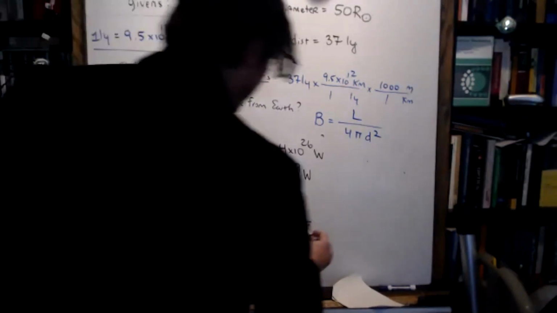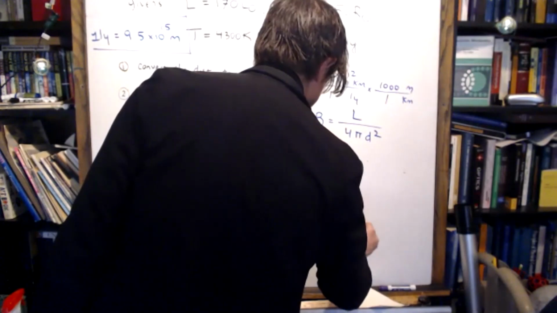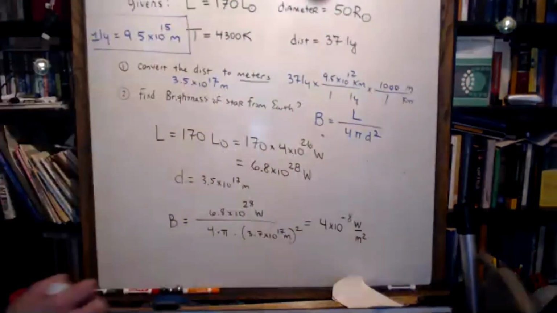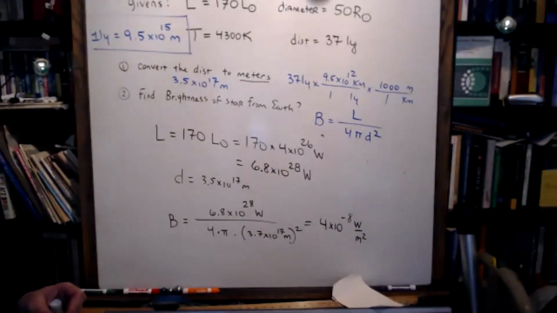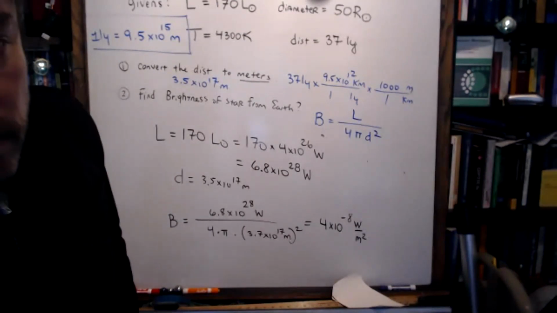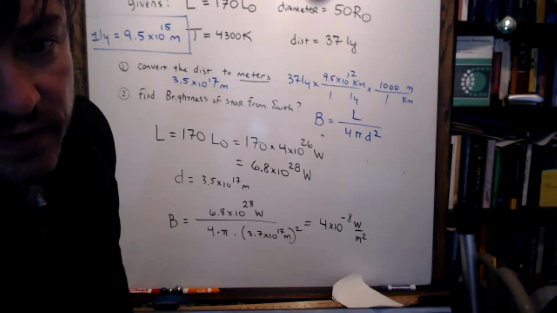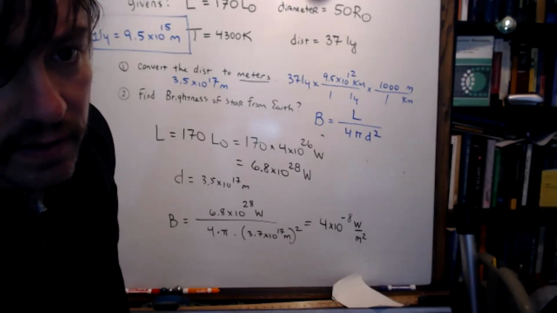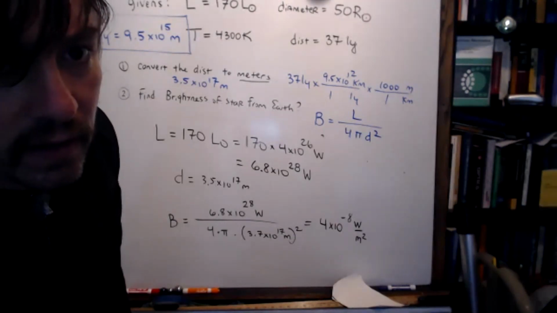I get 4 times 10 to the minus 8 watts per meter squared. Is that what you guys got? Emily, Stacy, Christopher? Who else? I was writing it down. I'm sorry. That's okay.